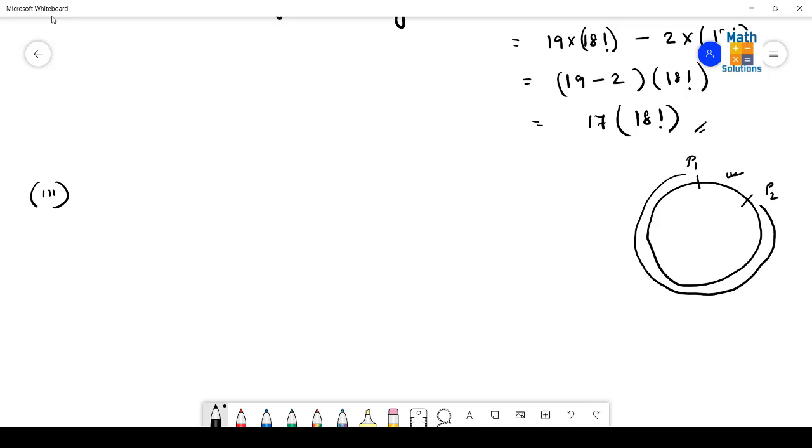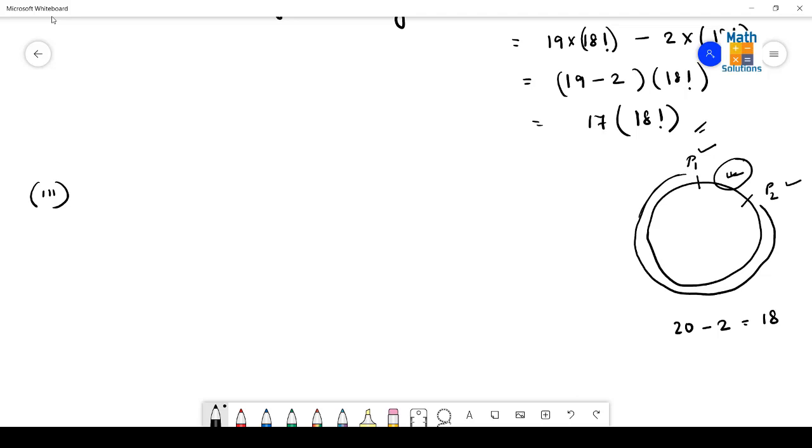Means total number of delegates was 20. Out of these, the position of these two delegates we fixed, so that there is always a gap between these two persons. So how many delegates were left behind to be seated at this circular table? At this circular table, 18 delegates are left behind.